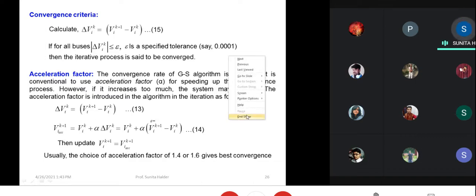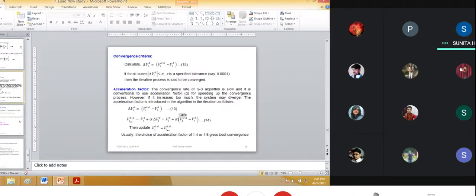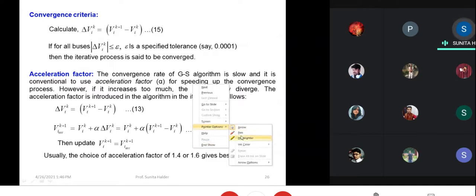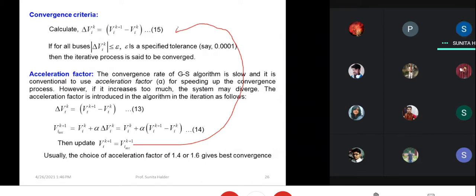So what will be the flow actually? At first, when we calculate Vi k plus 1, we find the deviation. Then we find the accelerated bus voltages, and these are assigned as the bus voltages. Then we calculate the deviation again.